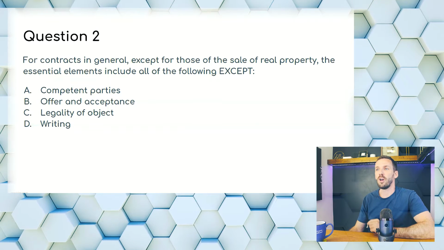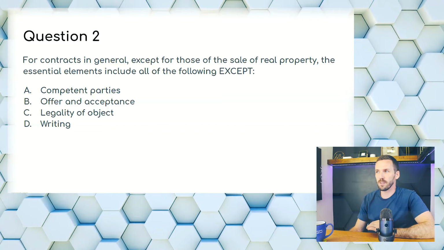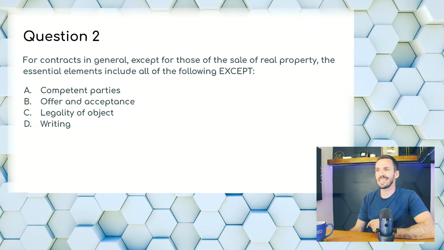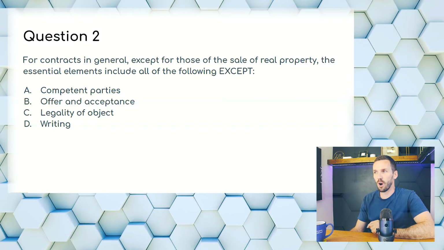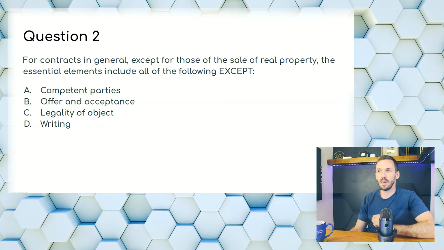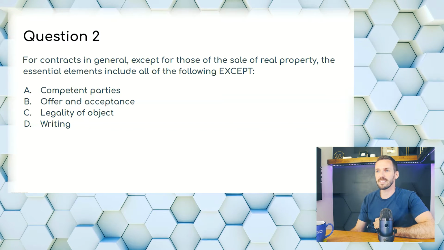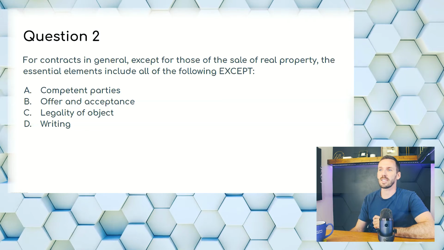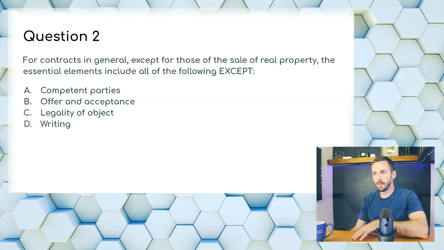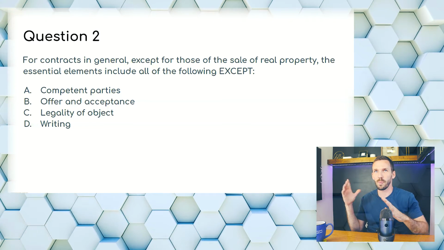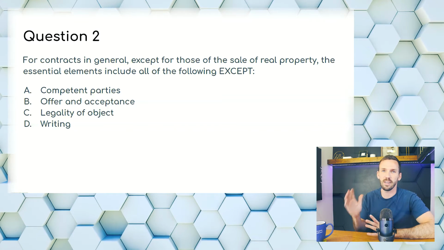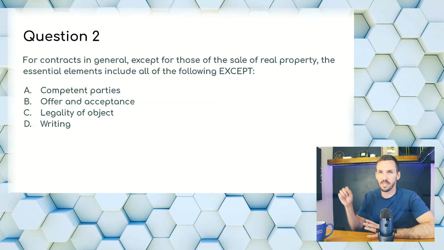Question 2. For contracts in general, except for those of the sale of real property, the essential elements include all of the following except: competent parties, offer and acceptance, legality of object, writing. Competent parties means the people must not be underage, intoxicated, held at gunpoint, and so on. So this is yes.